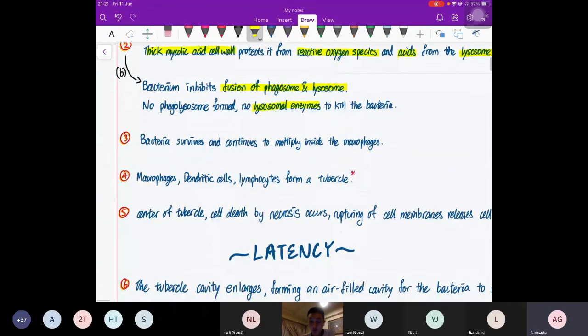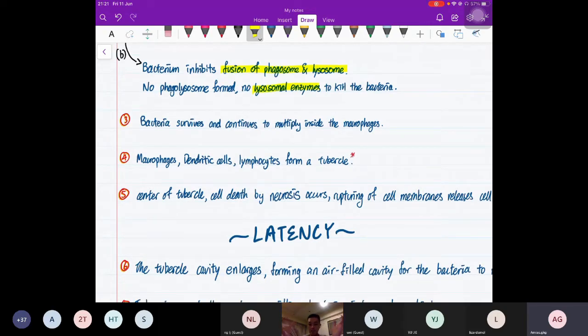Next step, the bacteria survives because it is not killed by your hydrolytic enzymes. It continues to multiply inside your macrophage. It reproduces within your macrophage. So now there are many bacteria within one alveolar macrophage.